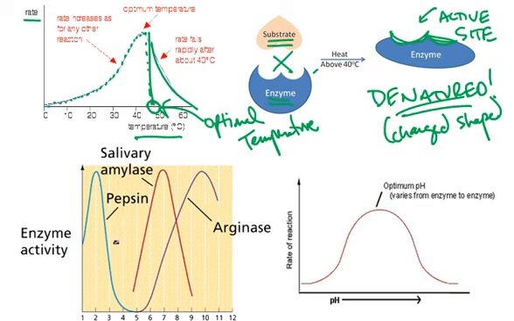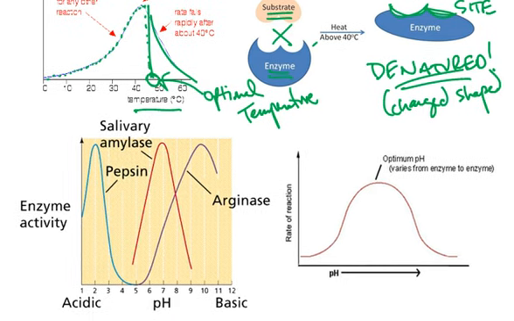Same happens over here with these enzymes, and I'm going to scroll down just a little bit more so you can see down here is pH, right? So anything to the left of 7 is acidic, anything to the right of 7 or greater than 7 is basic. So what we see here is pepsin has an optimal pH around 2 or between 2 and 3.